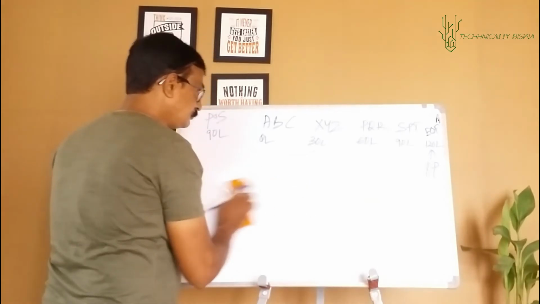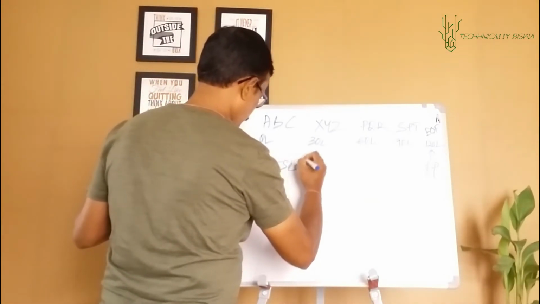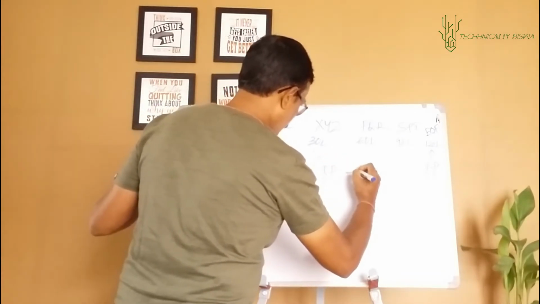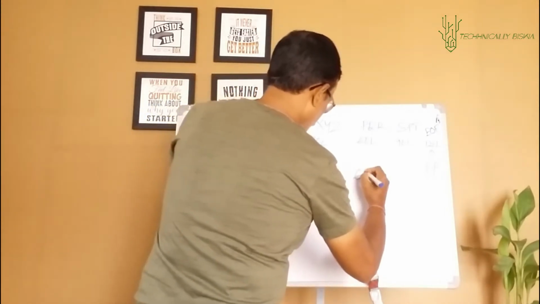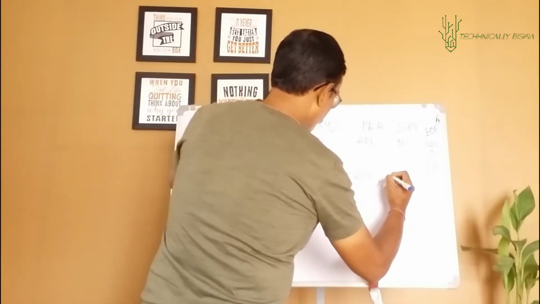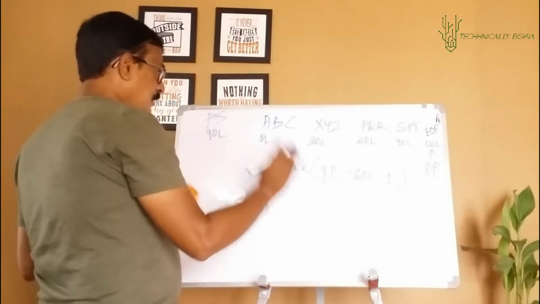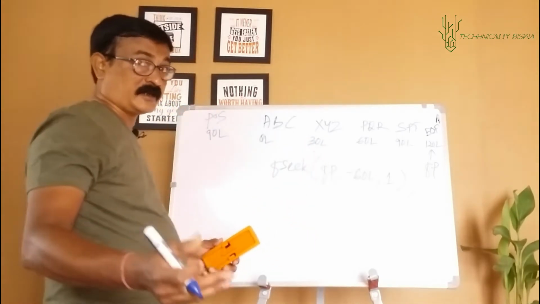So what do I do? I say this: fseek, the file pointer, comma minus 60L. Why 60? Because I had told you from the current position 1. From the current position I will be moving 60, because once it has read, it has skipped 30 characters.